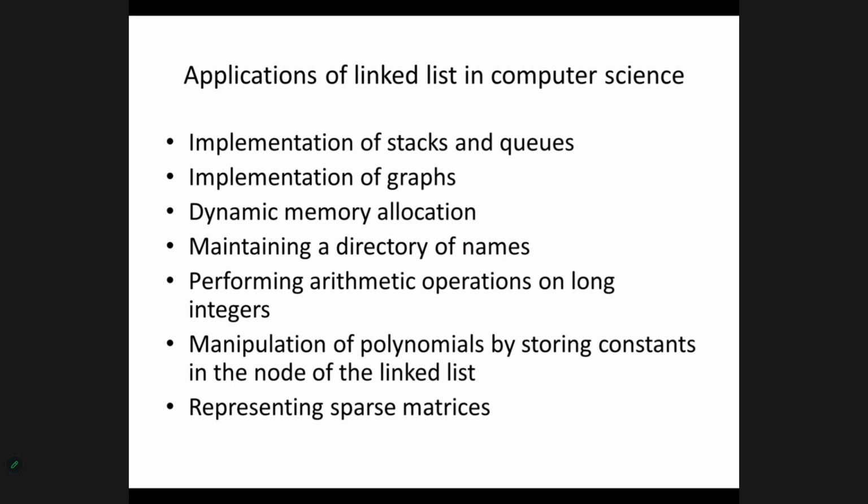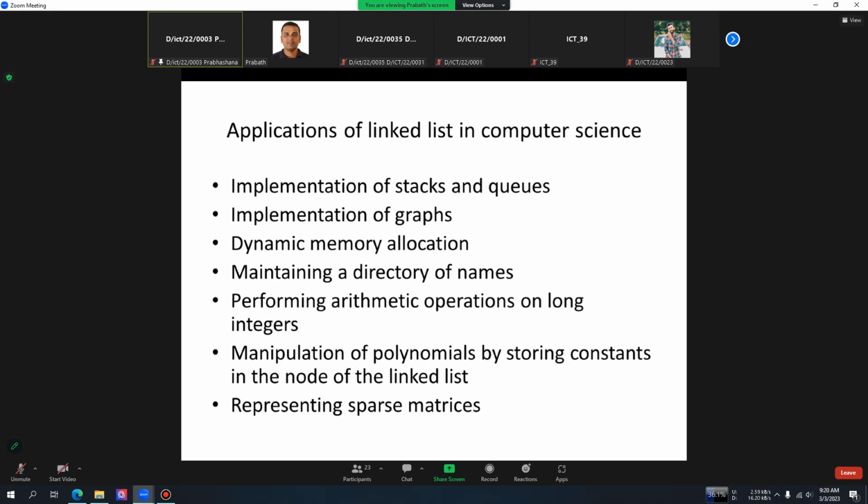And then implementation of graph data structures. So linked list can be applied there, and in computer science, dynamic memory allocation. It's one of the applications, right? Performing arithmetic operations on long integers, so we need to use linked list.